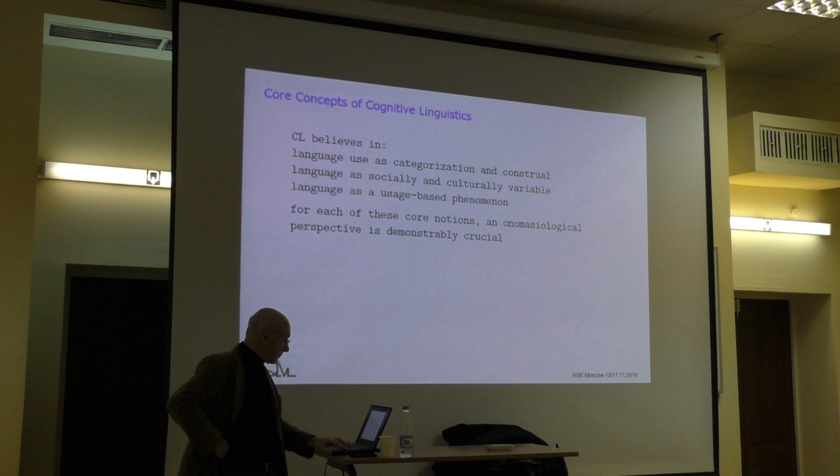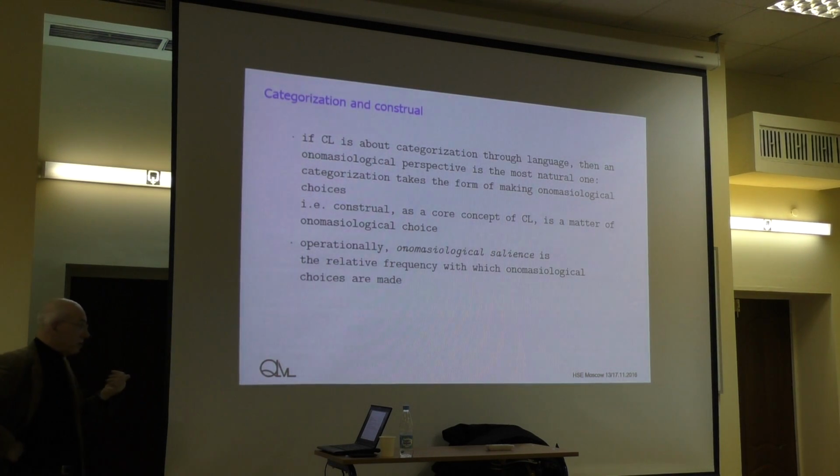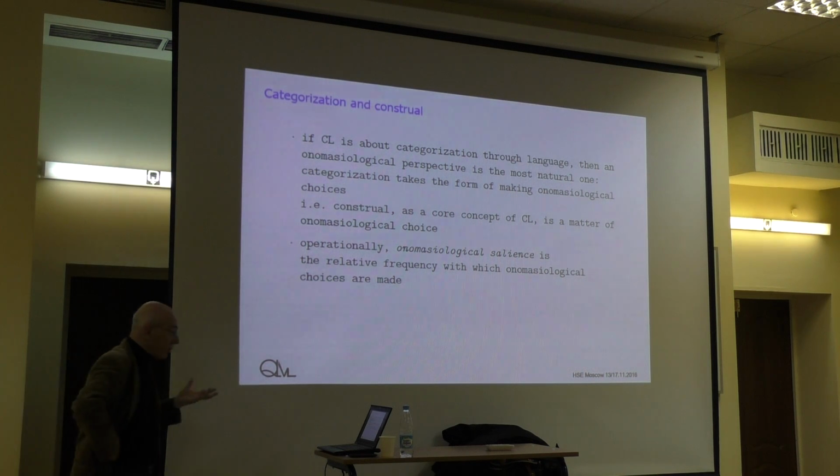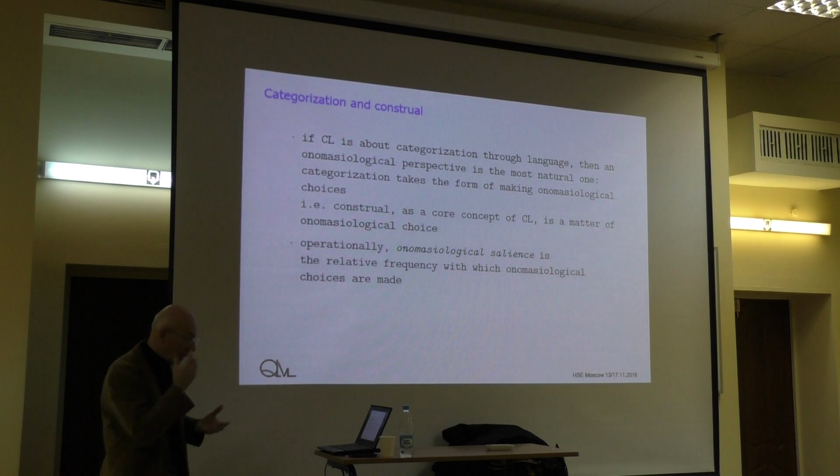In what sense? Well, first you can say if a meaning-based approach is about categorization through language, then an onomasiological perspective is the most natural one, because categorization takes the form of making onomasiological choices.